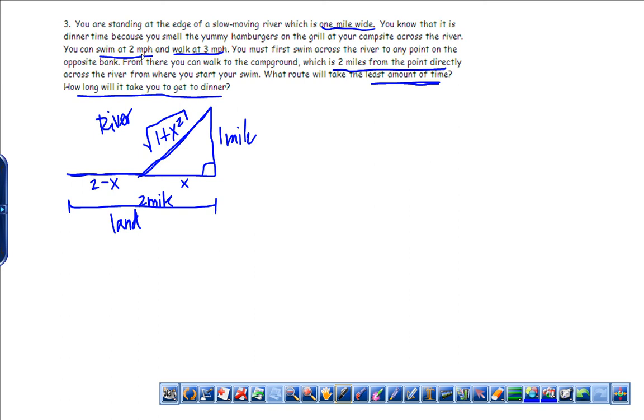Okay, they did give you some more information, though. They told you that you could swim at 2 miles an hour and walk at 3 miles an hour. So I'm going to use the formula D equals RT, and I'm going to use that as a swim and as a walk. So we have to do both of them to get to our campsite.